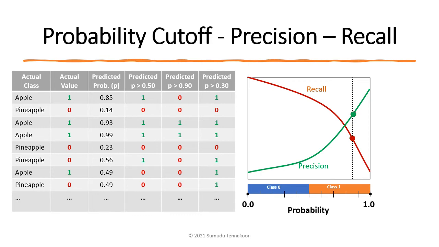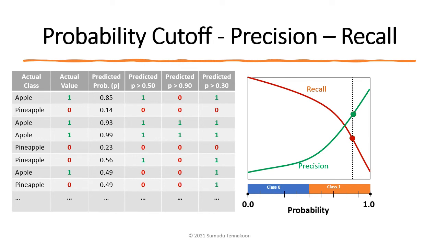If the actual class is pineapple, the actual value is 0. Then when we send the variables belonging to these fruits into the model, it will predict probabilities. Remember what I mentioned earlier, classification models mostly predict probability, and based on the probability we can decide which class they belong to.